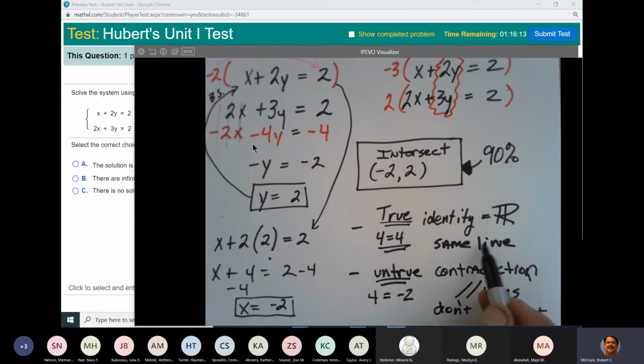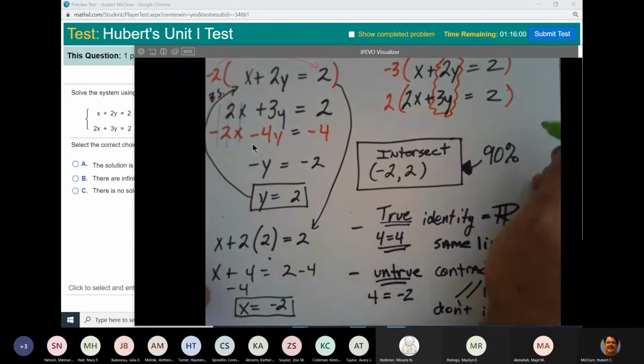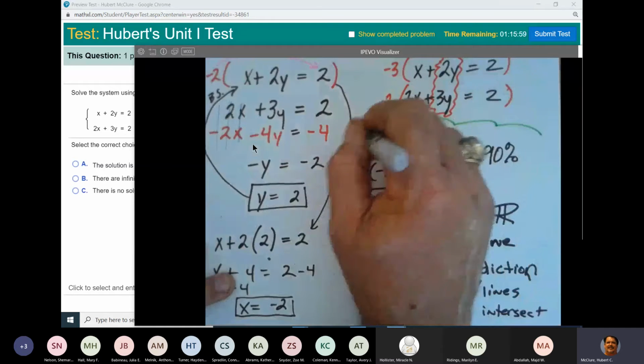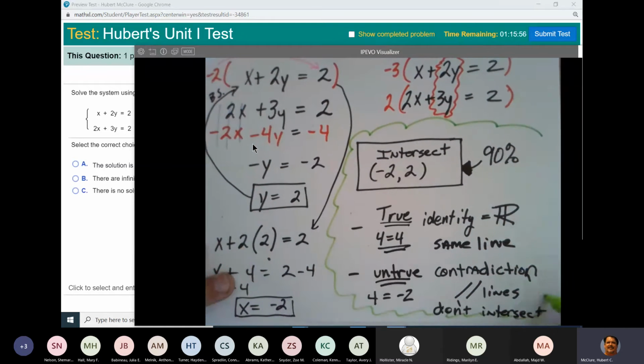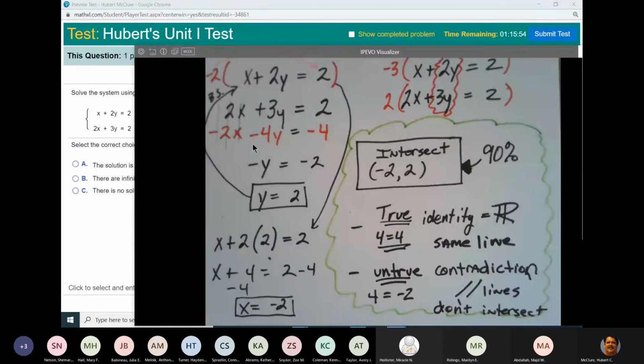It's on top of each other. Or it's a contradiction, meaning that the lines do not intersect, which means they are what? Parallel. So make sure you make a note of that. I told you that in the class. One of three answers.